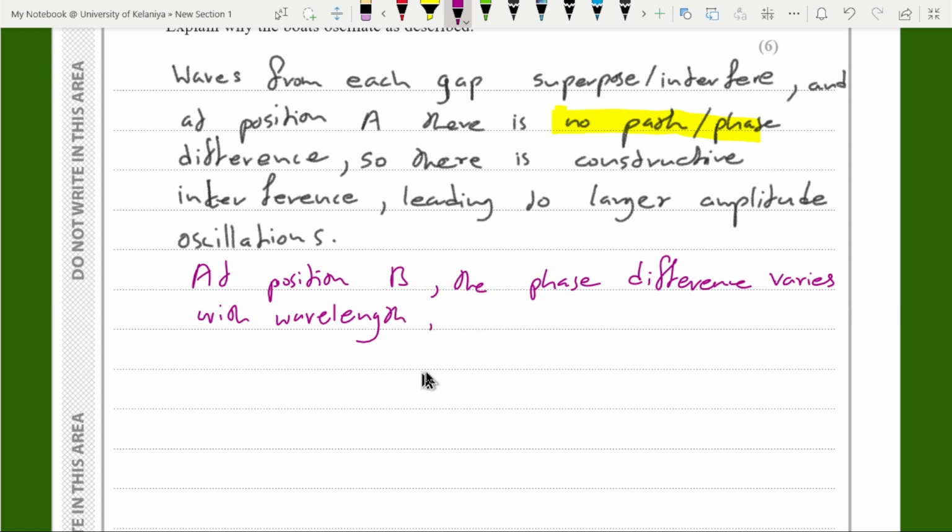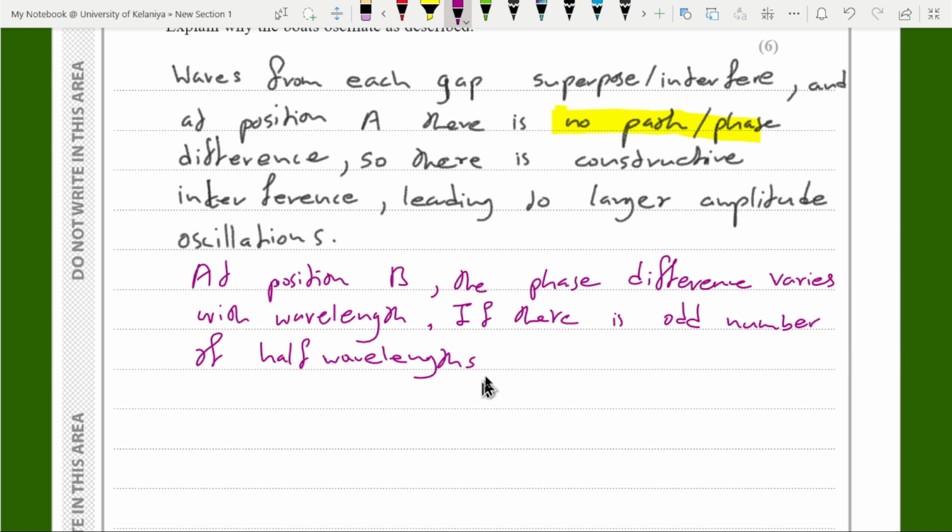If there is an odd number of half wavelengths path difference, then what will happen?